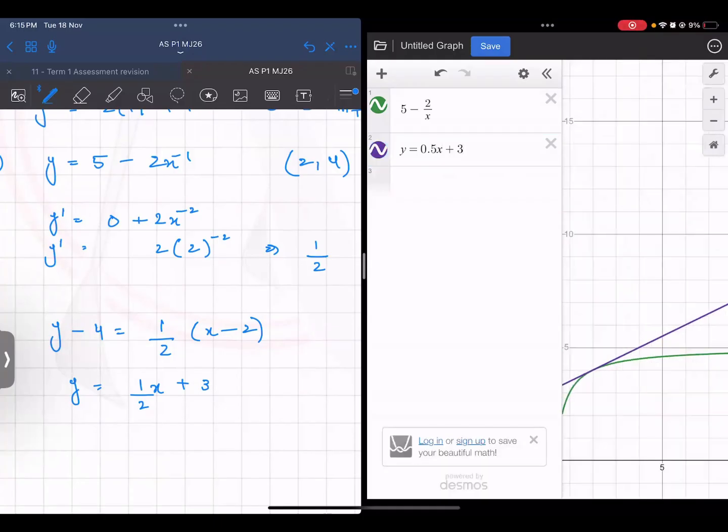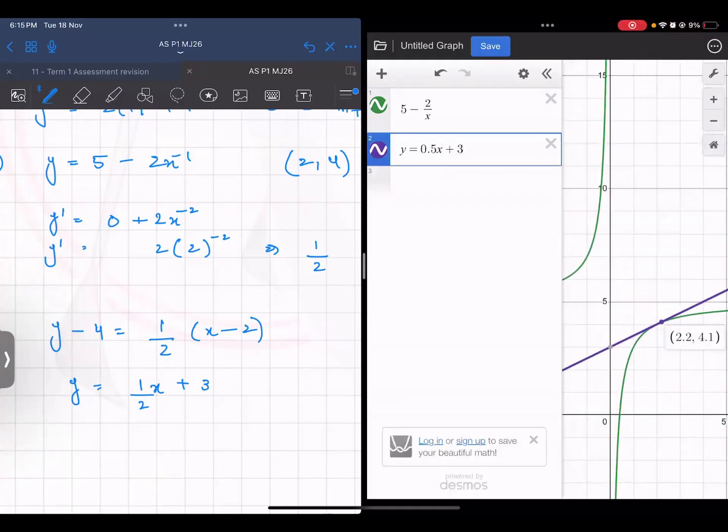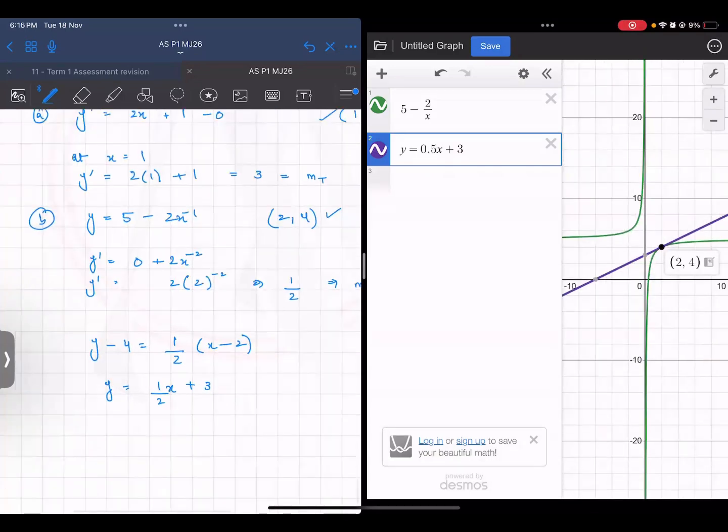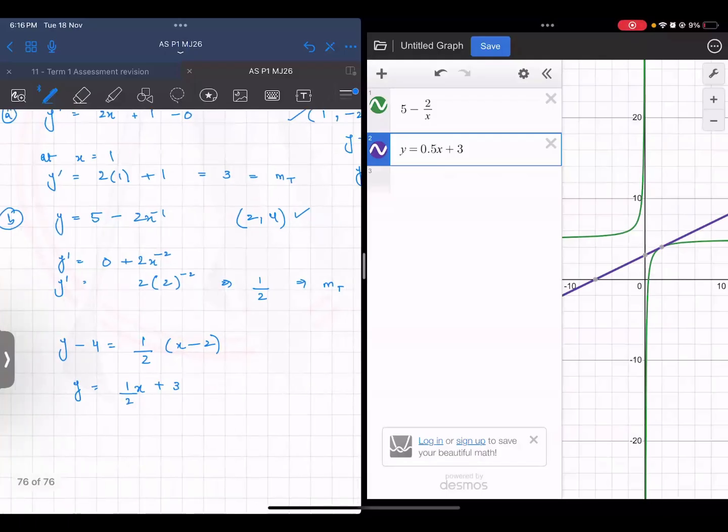So look, you can see the point of tangency is the same, 2 comma 4. Simple thing. So now you know that the dy by dx is the gradient of the tangent. You find that, you have the point of tangency, and you use the equation of a line to get the equation of the line.